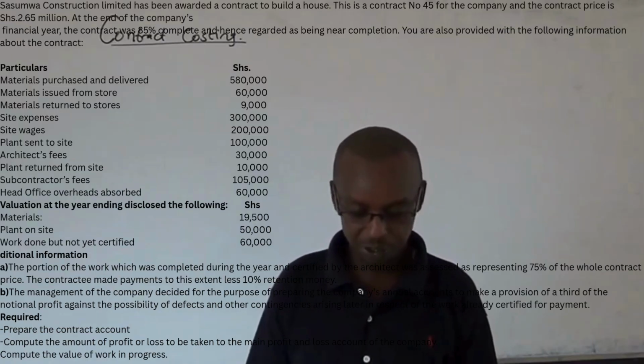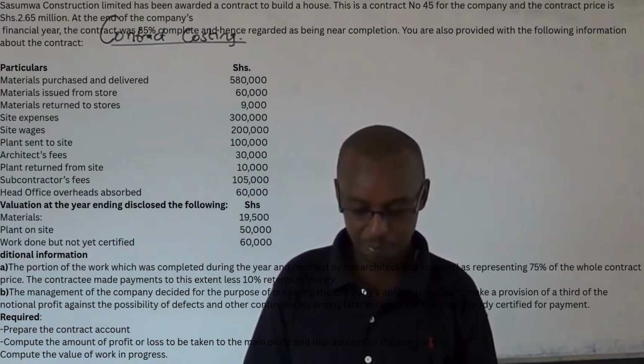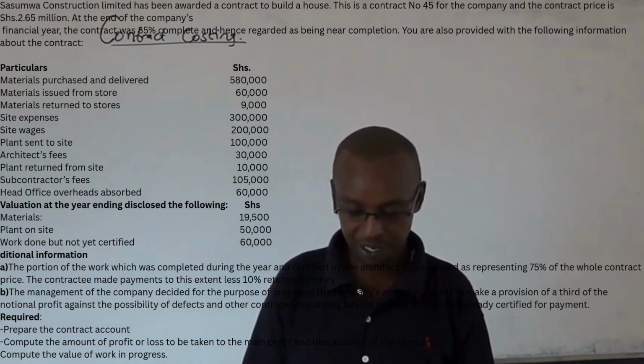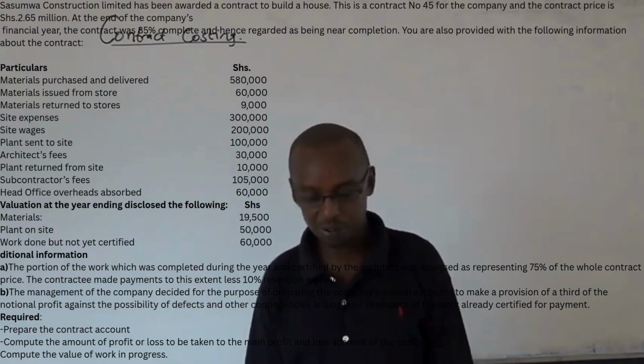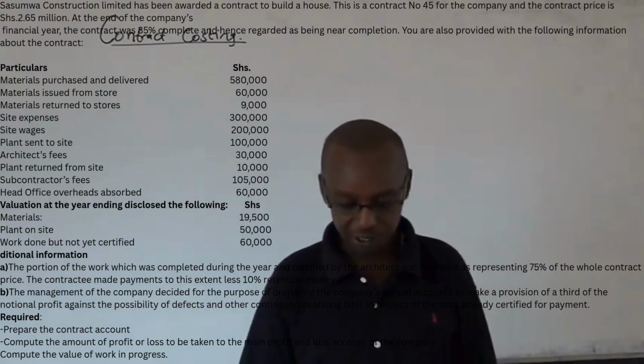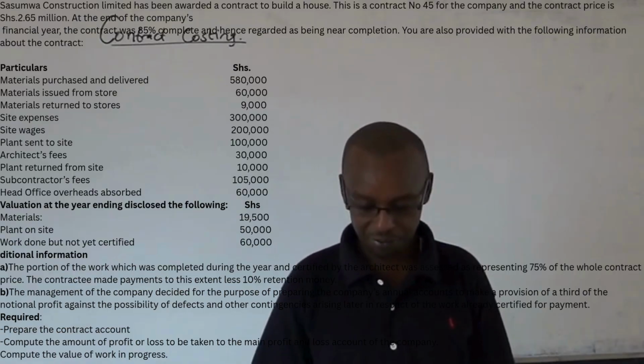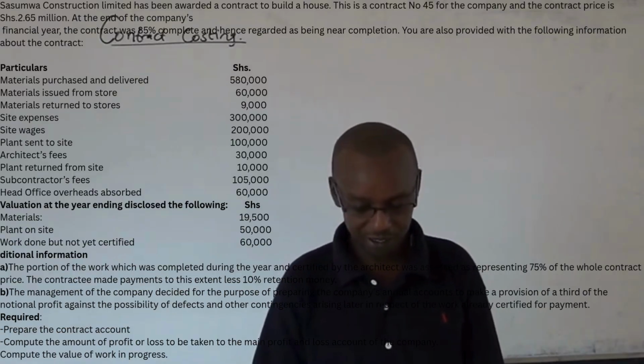A, the portion of work which was completed during the year and certified by the architect was assessed as representing 75% of the whole contract price. The contractee made payments to the extent of 10% retention money.